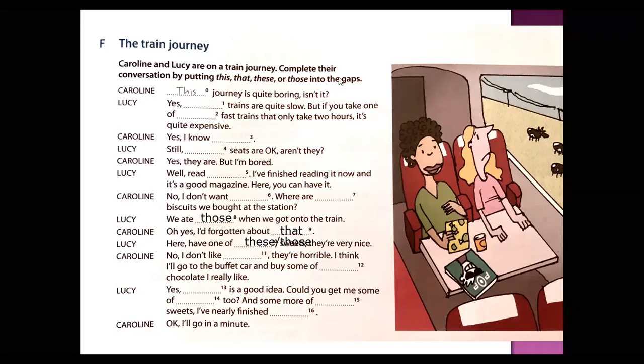What are you going to write here? Girls, have one of these three. I don't like this, or these, or those, or that. Which one? No, I don't like these. They are horrible.